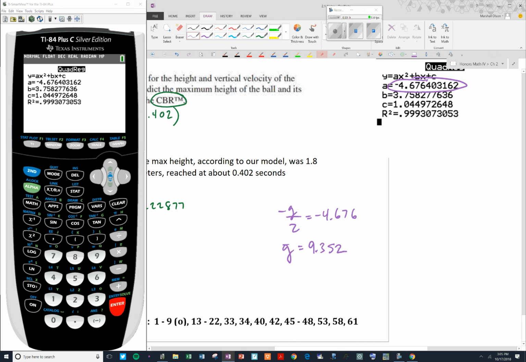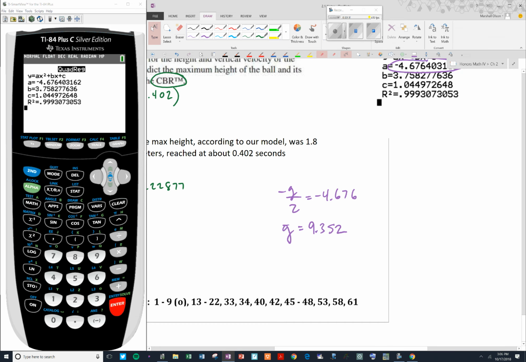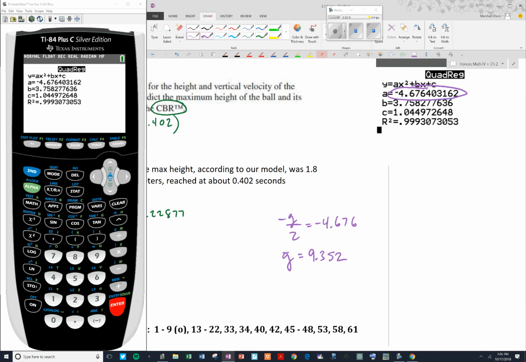Okay, so that is our model's estimation of the gravitational constant there, 9.352. Our initial velocity, that is the b value right there. So that's v sub 0.